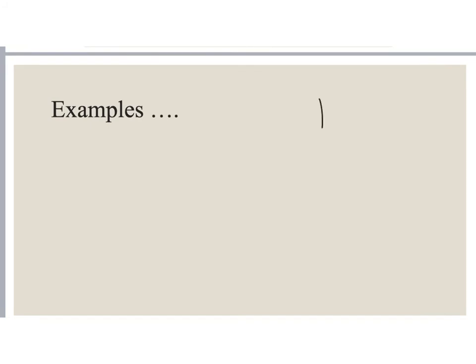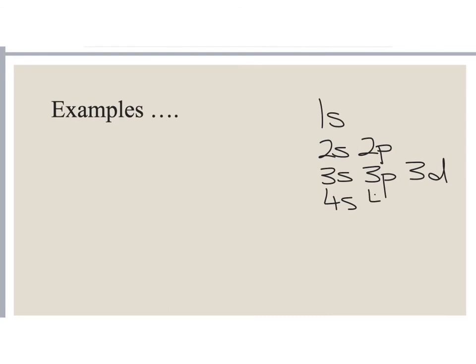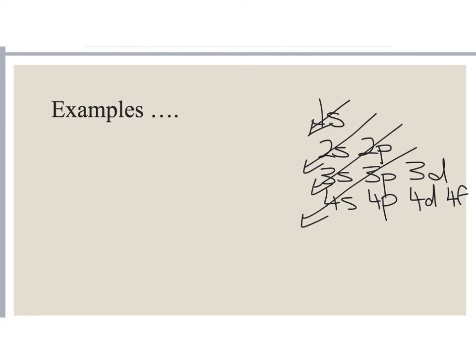I'm going to write that out here to help me: 1s, 2s, 2p, 3s, 3p, 3d, 4s, 4p, 4d, 4f. Then I'm going to put my arrows in. In a test, I would strongly suggest that you fill it out first.